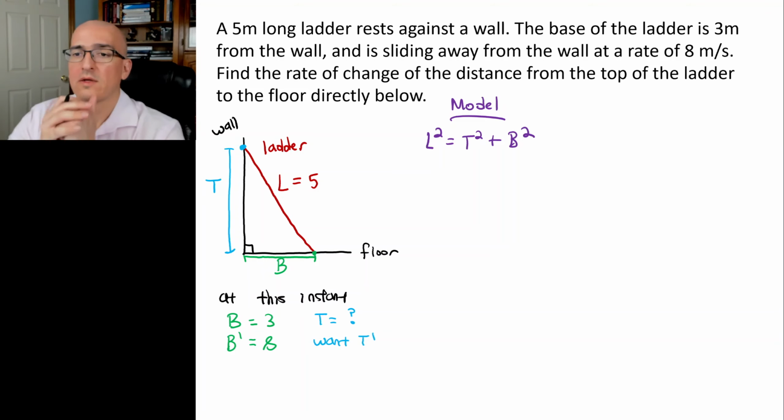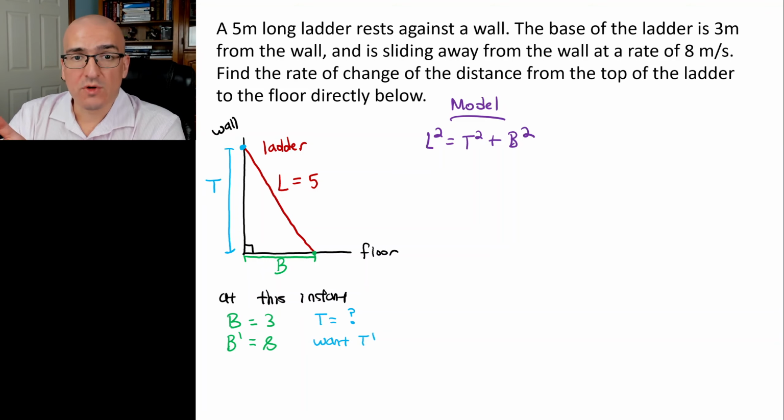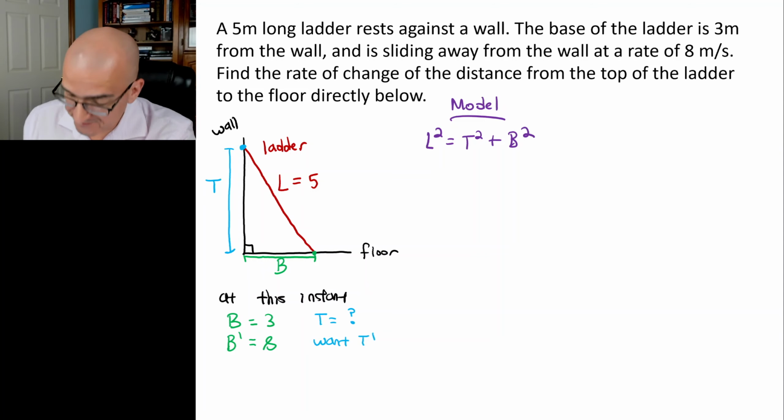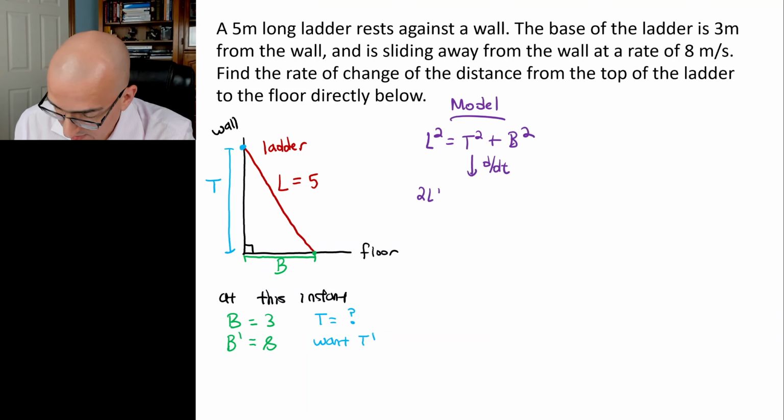Okay, we kind of already know how this goes. We know we're going to take the derivative, rearrange maybe, plug in some numbers. We'll see what happens. So we'll take the derivative d by dt of both sides implicitly. We get 2L L prime is equal to 2T T prime plus 2B B prime.